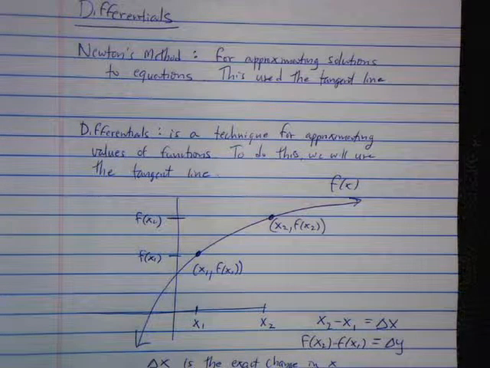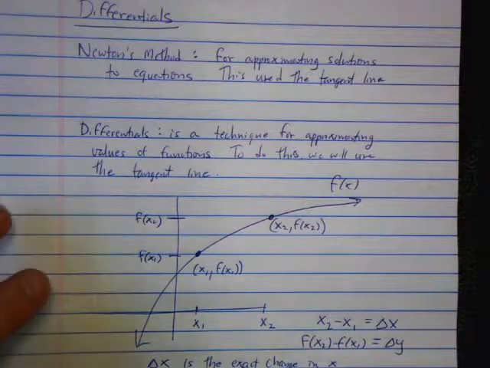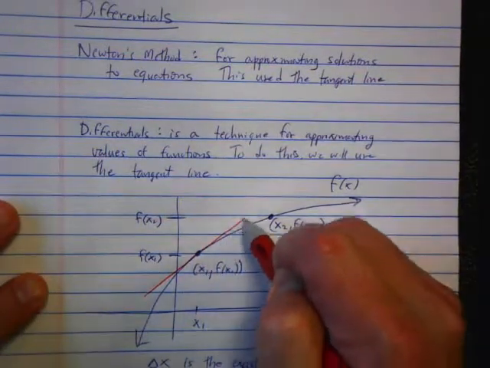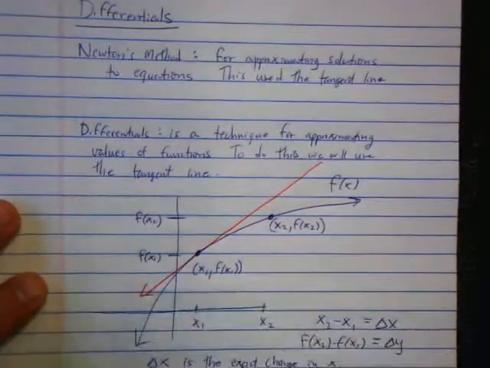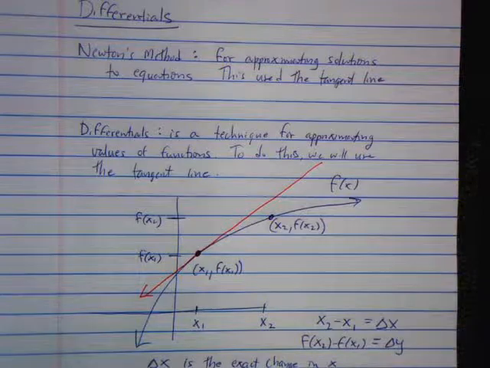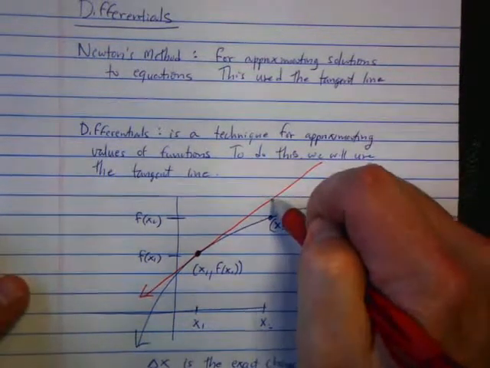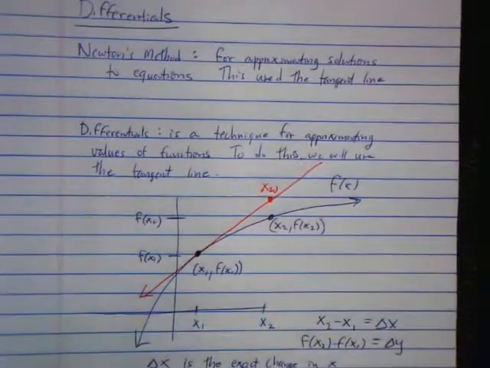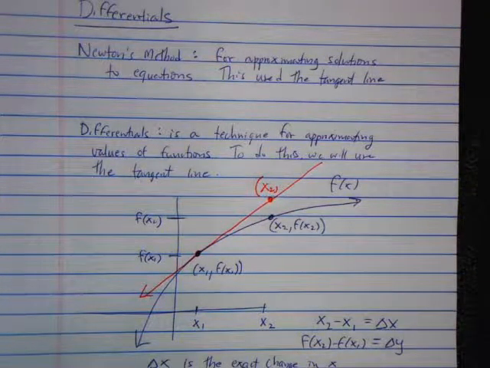Well, then what we're going to do is draw the tangent line at x1. So the tangent line at x1 would look something like that. It still has this point, x1 comma f at x1, but at x2 it has a different y value. What should we call that y value? I'm just going to call it y2.